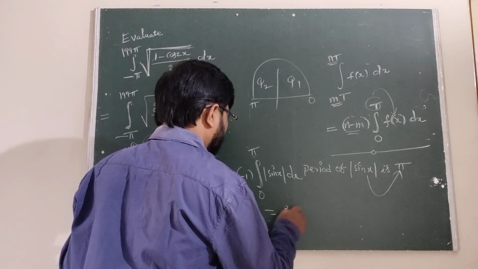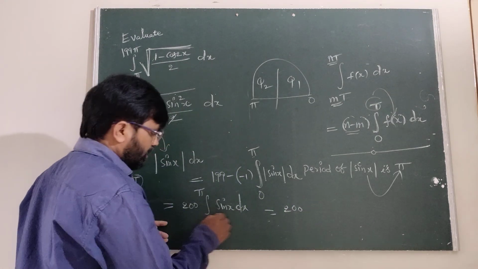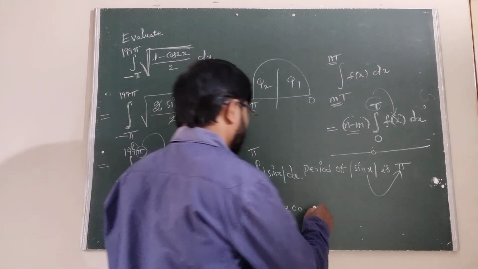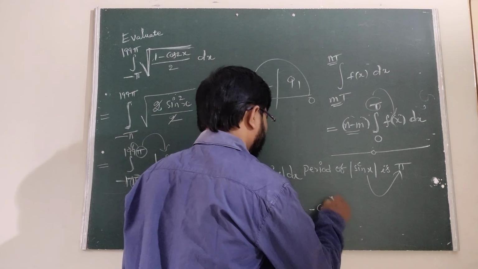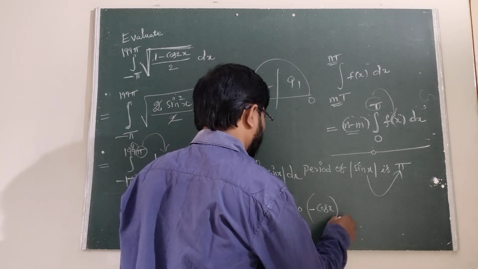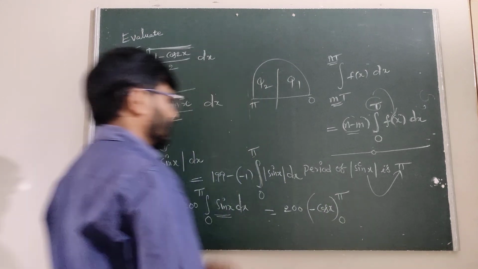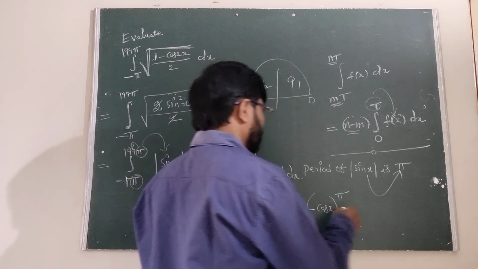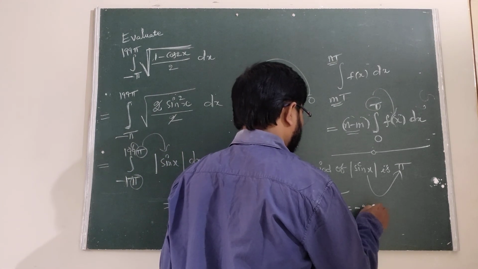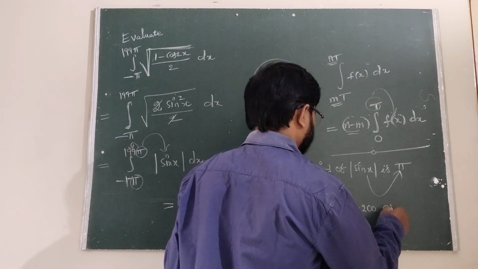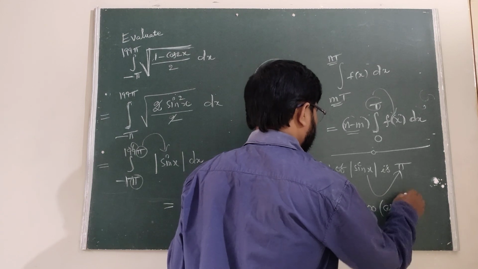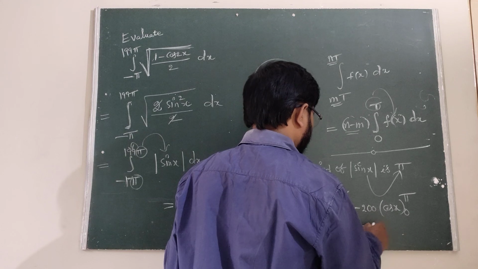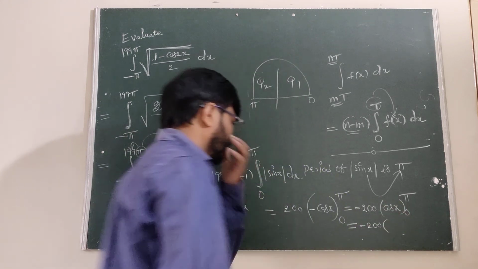Therefore, how to write here? The 200 into the integral of sin x dx, which is minus of cos x, from 0 to pi. We can write minus outside: minus 200 cos x from 0 to pi.